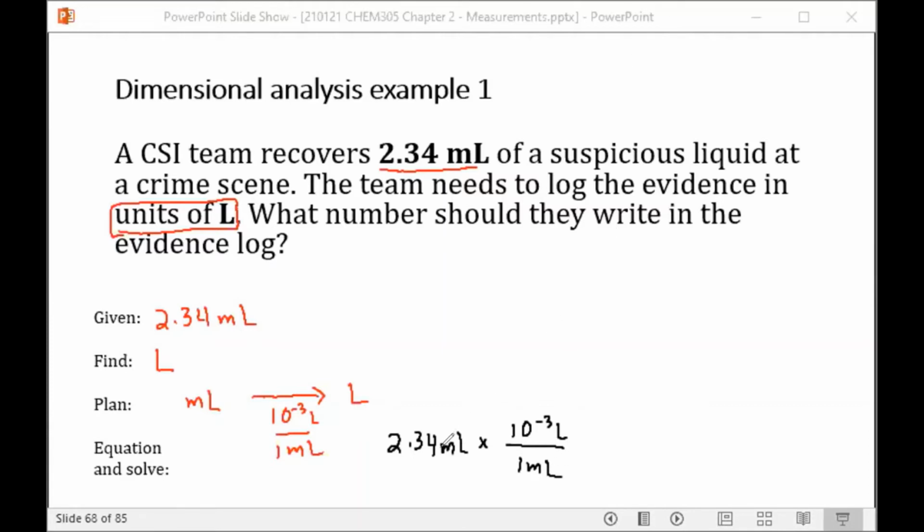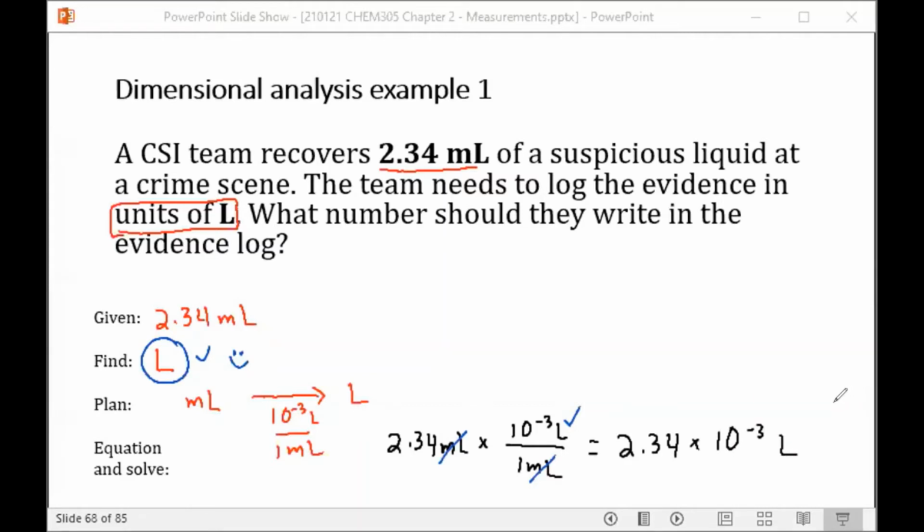This is a good time to check your units. Milliliters and milliliters cancel out. You're left with liters, which is what you wanted to find. So you set things up right. And so you end up getting 2.34 times 10 to the negative 3 liters.